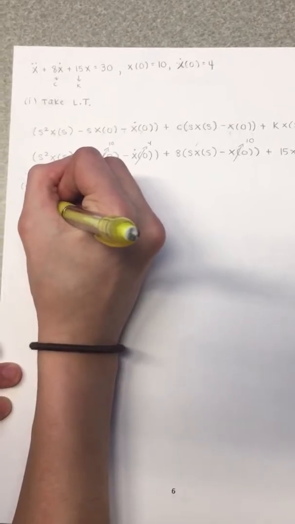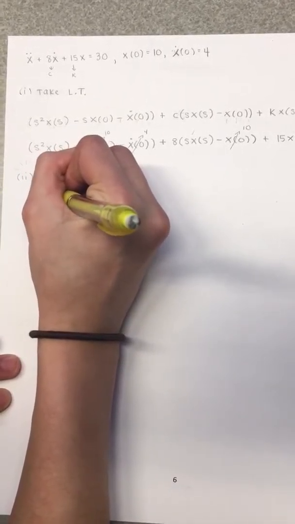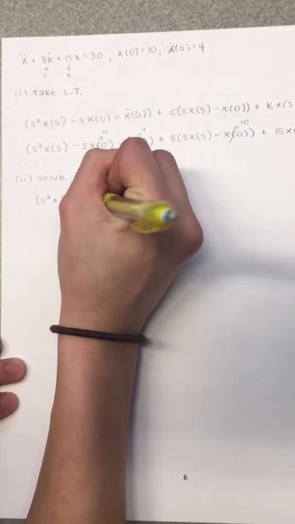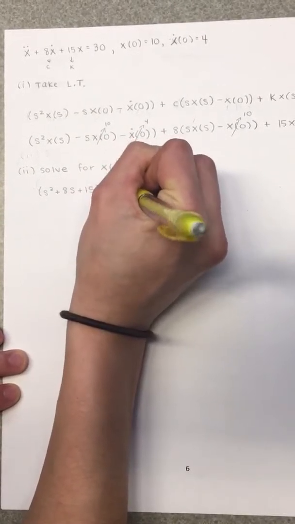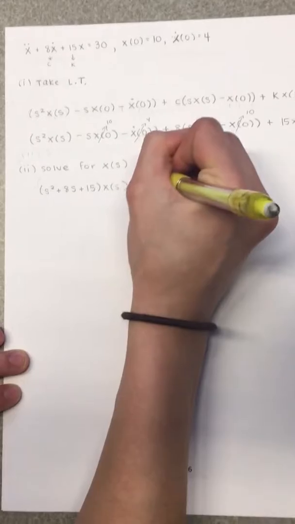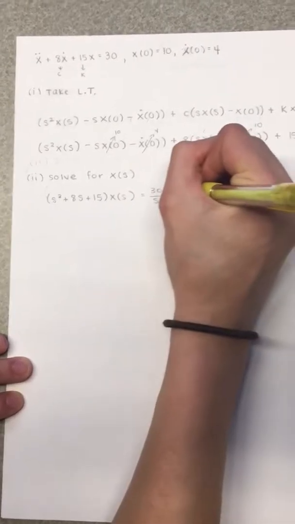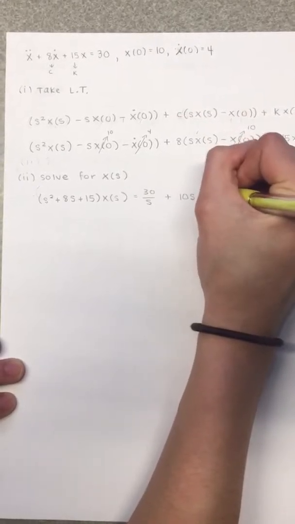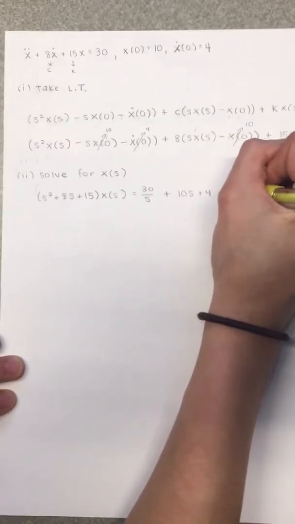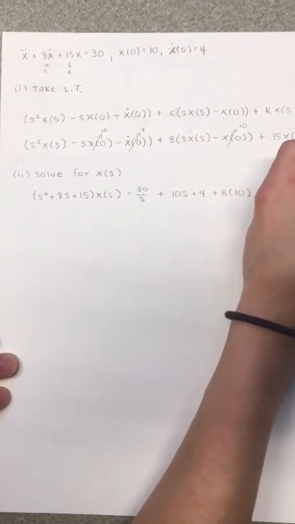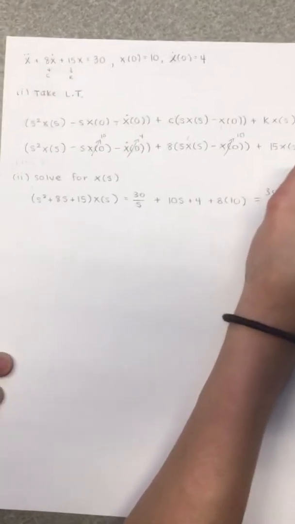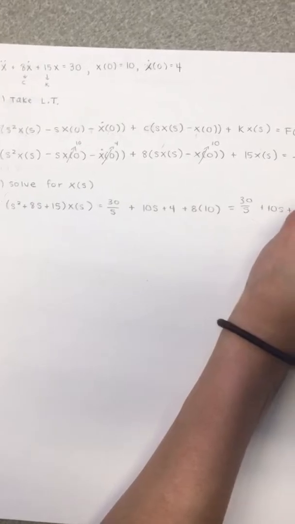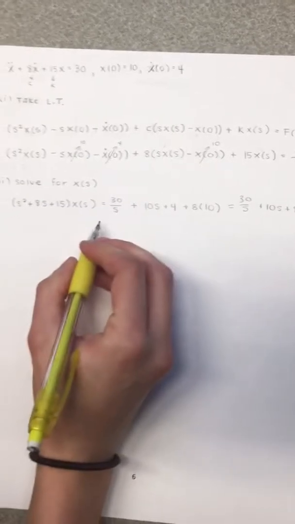So writing this all out, you're going to have (s squared plus 8s plus 15) times X(s) equals 30 over s plus 10s plus 4 plus 8 times 10, which equals 30 over s plus 10s plus 84. That was just simplifying this equation up here.